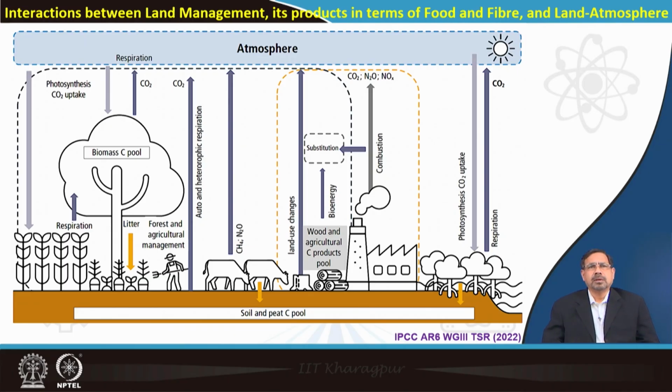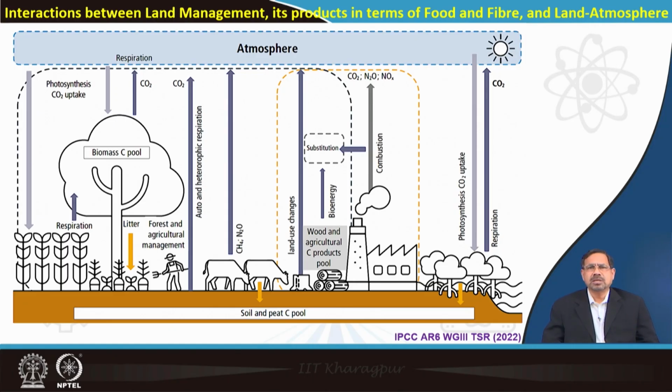So, during the process of photosynthesis, the plants, the autotrophs, withdraw carbon dioxide, or we say they fix the carbon dioxide, and by the process of respiration part of that goes back to the atmosphere, and we put it under autotrophic and heterotrophic respiration.